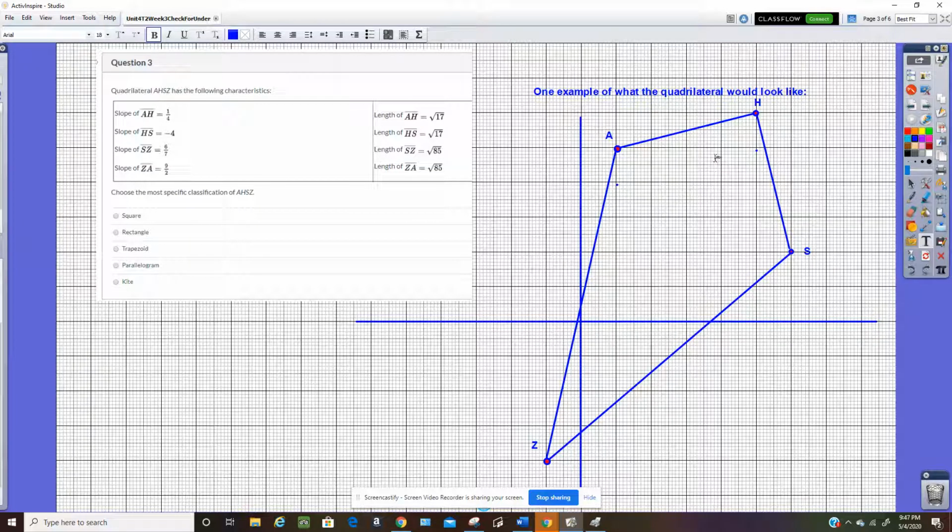This is just one of the possibilities, and then you have the choice of these quadrilaterals here. I think it's kind of obvious which one that is by the definition. You can look at the definitions; the definition link is in the check for understanding itself.